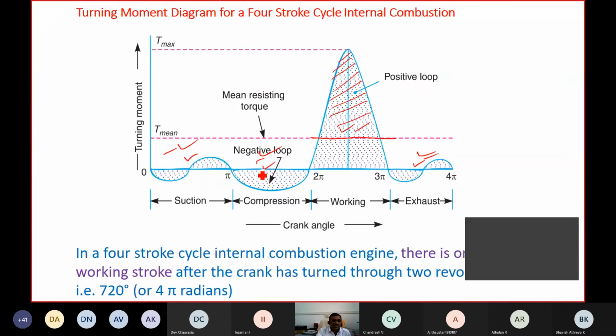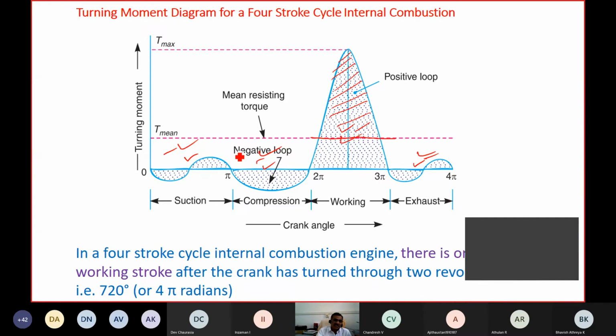Now, since in this 4-stroke engine, power is produced only in the power stroke and not in the other strokes, what we do is go for a multi-cylinder engine.